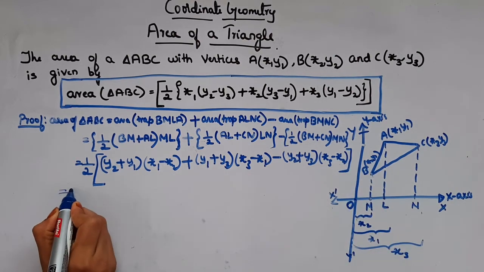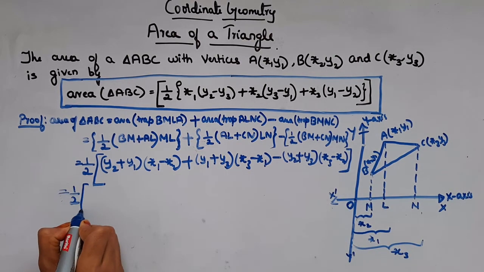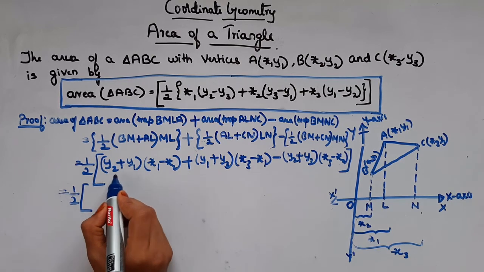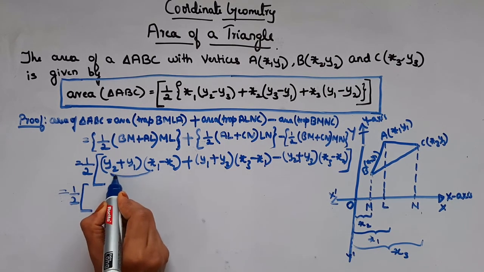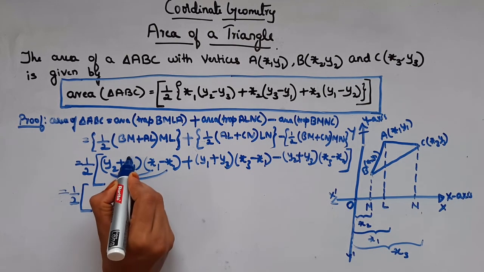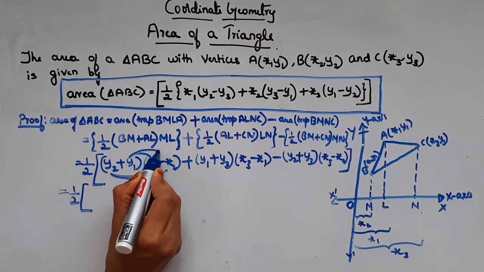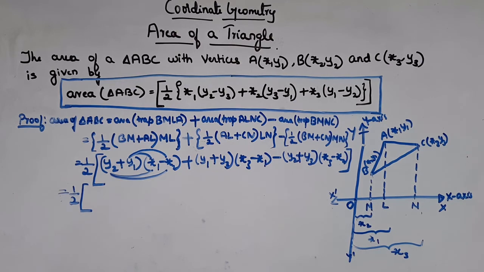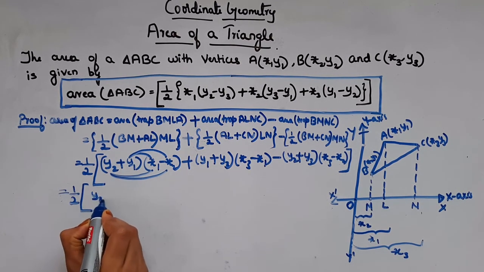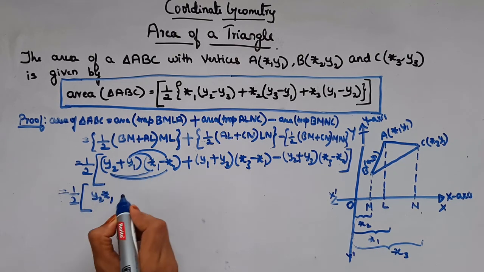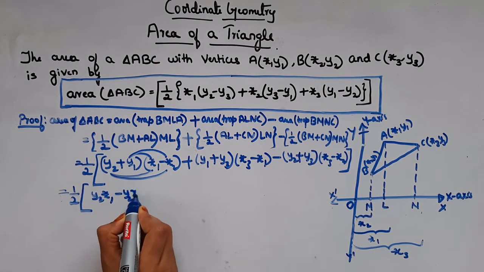So now we have half into this, you have to multiply in this manner, Y2 into X1 plus Y2 into X2 and then Y1 into X1 plus Y1 into X2. Alright, let's do that. We have Y2 into X1, plus into minus is minus Y2 into X2.